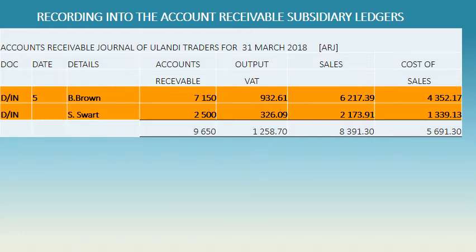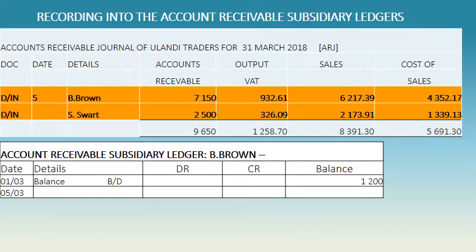Starting with B. Brown, we will open up the accounts receivable subsidiary ledger for him with the following columns: the date, the details, the debit column for entries that increase his account, the credit column for entries that will reduce his balance, and the balance column for showing daily balances and the month-end balance.